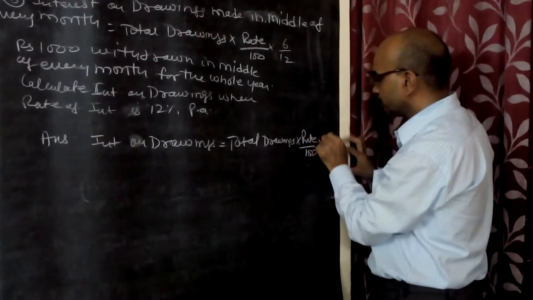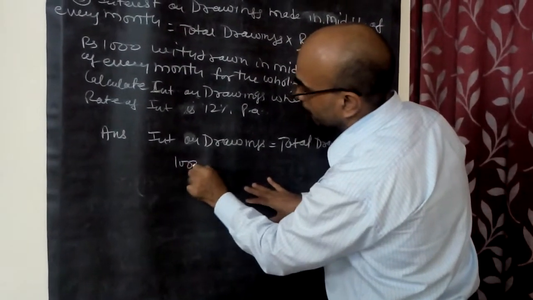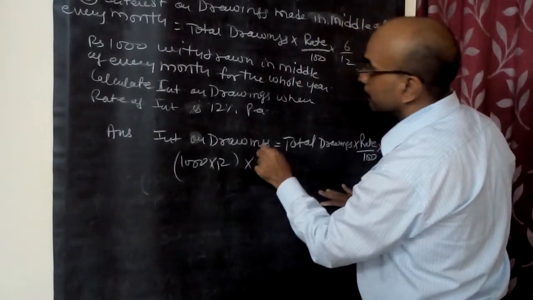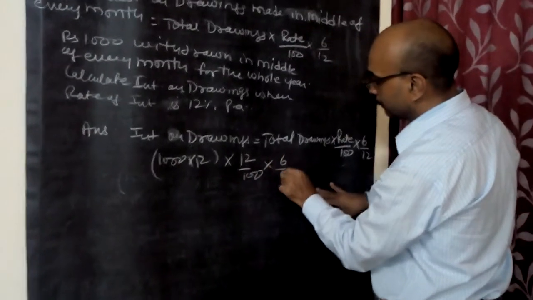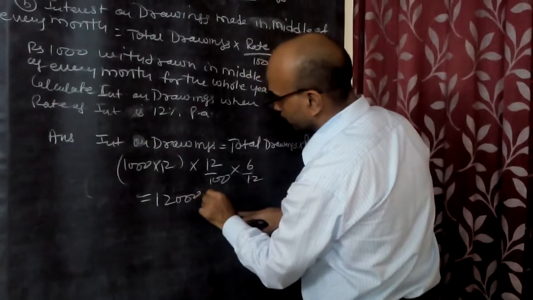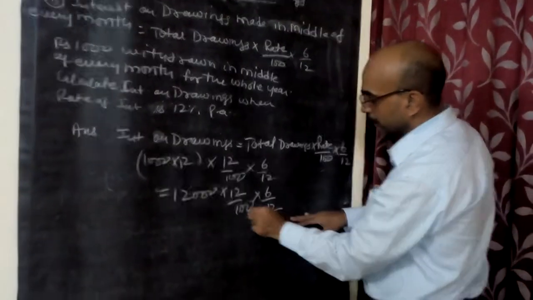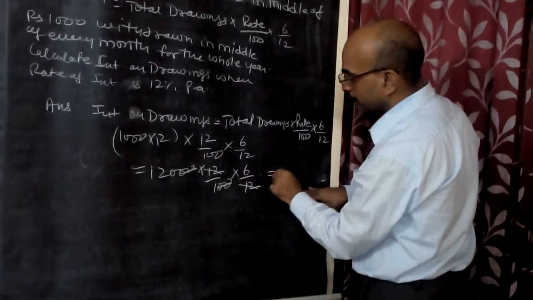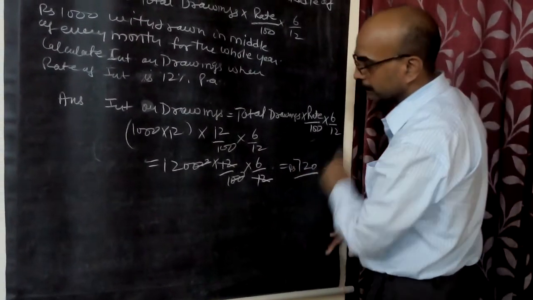Calculate it. 1000 withdrawn for the whole year, that is 12 months, into rate of interest 12%, and the formula goes like this. Get the answer: 12,000 into 12 upon 100 into 6 by 12, rupees 720. Correct? Now we go for the third point.